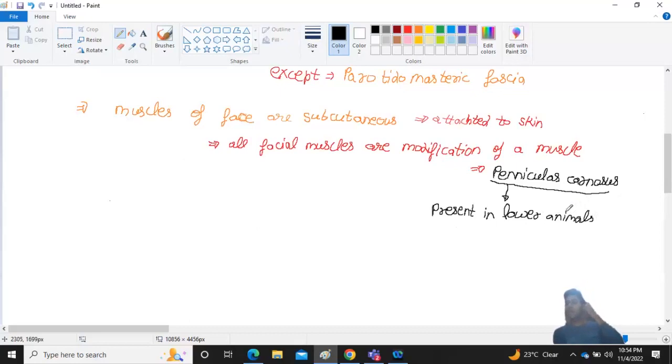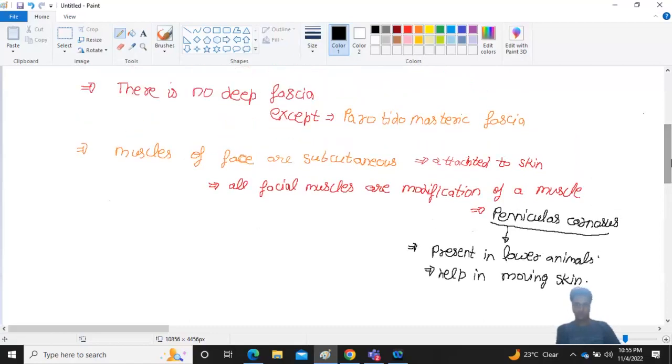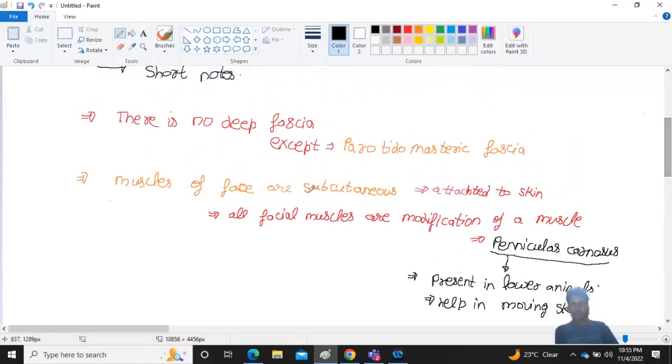This muscle helps in moving the skin. Done. So these are some points about muscles of face.